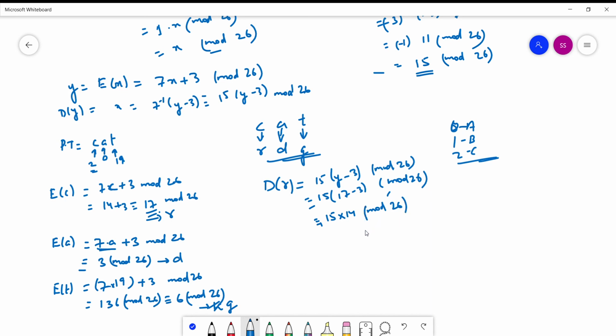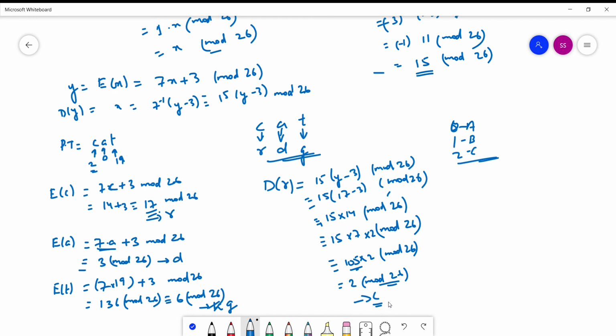Okay. So this is equal to 15 into 14 mod 26. Correct. So what I can do is I can write it as 15 into 7 into 2 mod 26. So 15 into 7 is 105 into 2 mod 26, right? So 105 mod 26 is 1. We have seen this many times. So this will give me 2 mod 26, which is my C value.